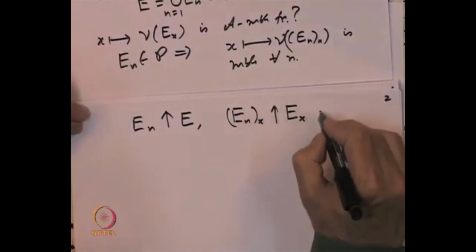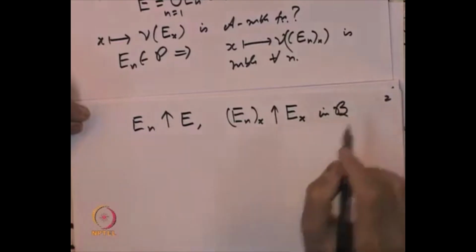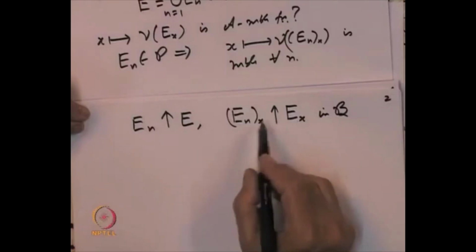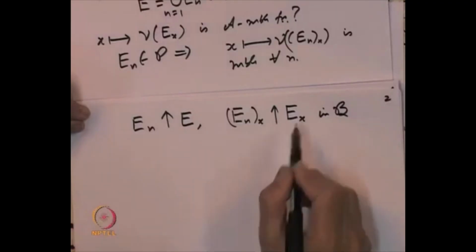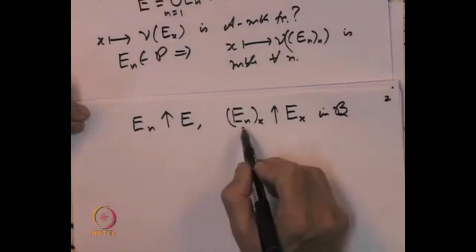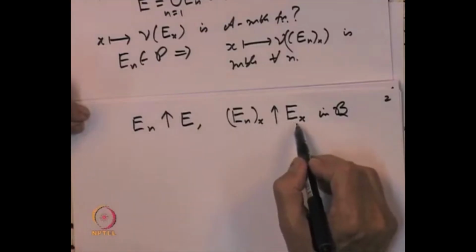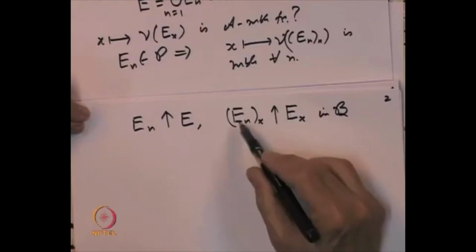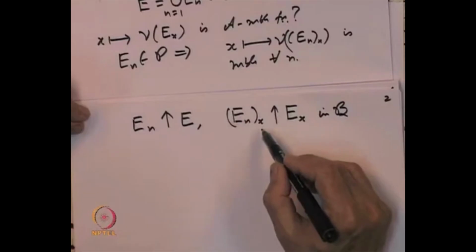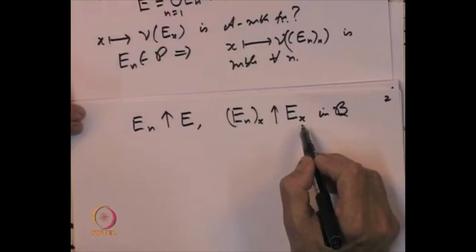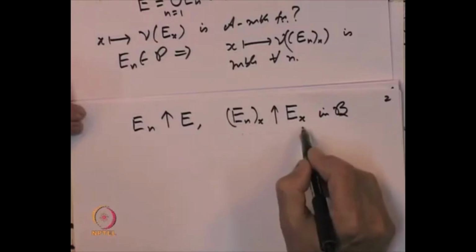So, this is a sequence of sets in the sigma algebra B. We have already seen that if A is a subset of B, then the section of A is a subset of the section of B. So, that will prove that the sections are increasing, and they increase to the union. The union of E_n at x is the same as the union of each E_n's section, and hence this is increasing to E_x. So, this is a simple observation using the properties of the sections.